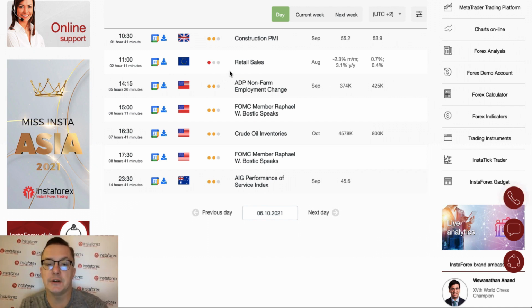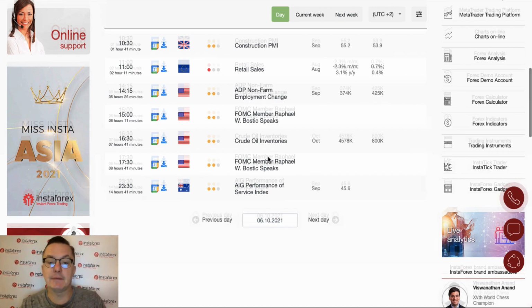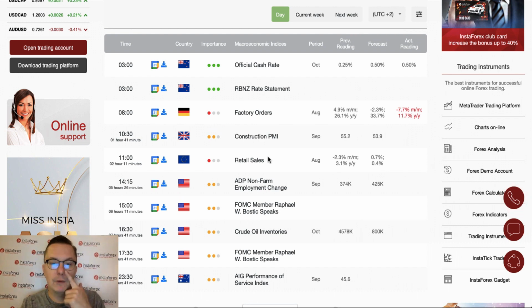During the New York session, we got ADP non-farm employment change data scheduled for release a quarter after 2, and we got the crude oil inventories scheduled for release at 4:30. The other data are basically speeches from FOMC members, Raphael Bostic and somebody else, who will give a speech at 5:30. So this is how it looks on Wednesday. Nothing really important here in the calendar.